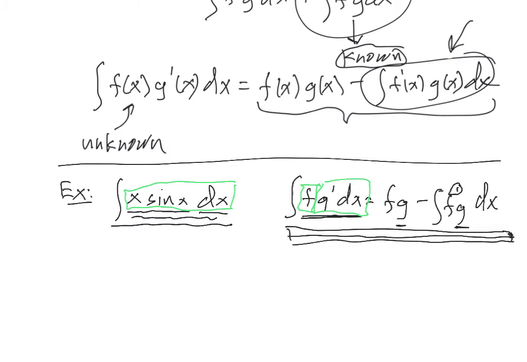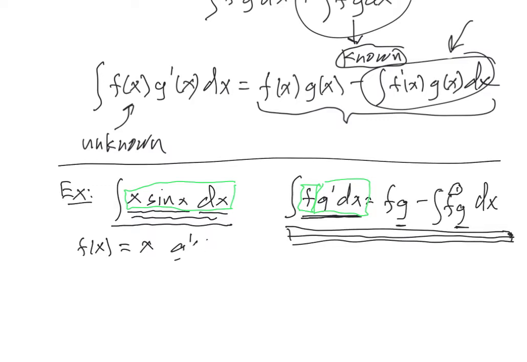I'm going to do it in the simplest way imaginable, maybe. We're going to let f of x be the function x. And then g prime of x dx, and dx always goes with g prime, is the remaining function.